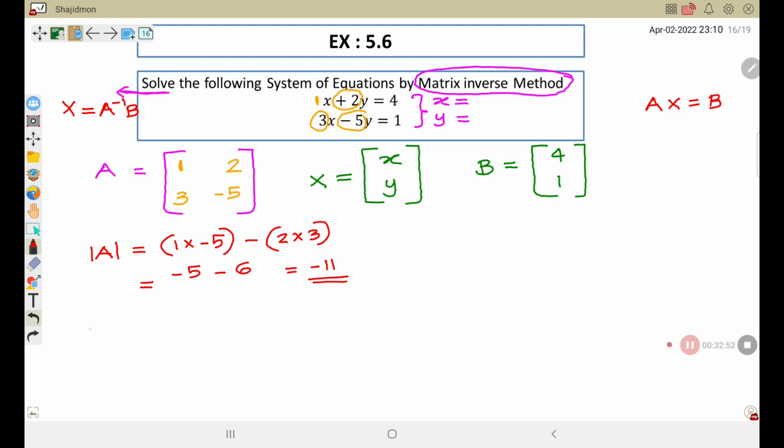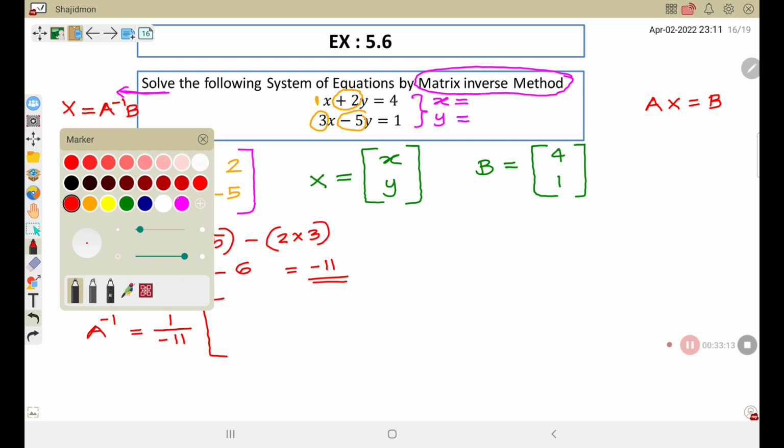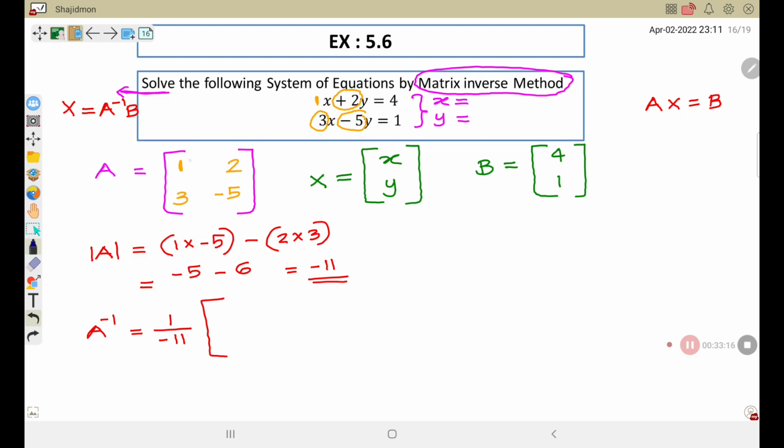Now we are writing what is the A inverse matrix. A inverse equal to, what is the shortcut? What is the shortcut we studied just before? 1 divided by determinant of A, that is minus 11, multiply main diagonal numbers interchange, correct? What are the main diagonal numbers? 1 and minus 5.